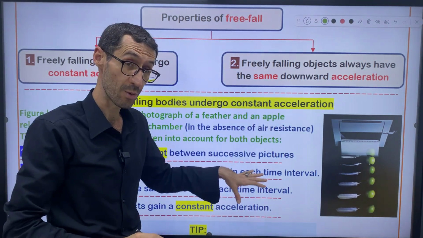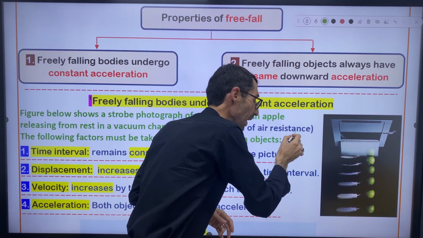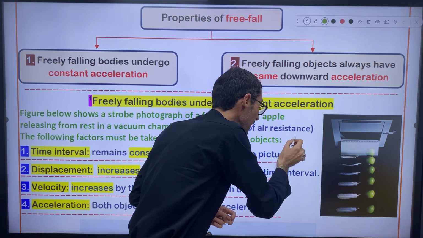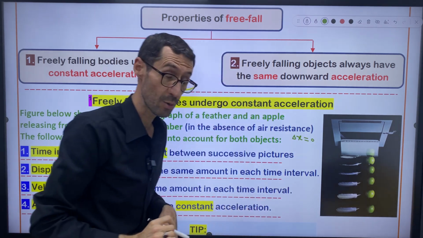At time t equal to 0, the object starts from rest, which means velocity is equal to 0, and displacement delta x is equal to 0 as well.